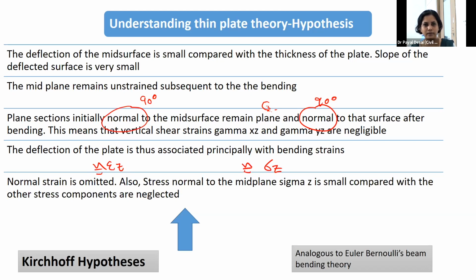These are the basic understanding of plate theory and the hypothesis, named after the person who developed it. We name it the Kirchhoff hypothesis, analogous to Euler-Bernoulli beam theory, and except for the dimension part, the rest of the parameters will not change.